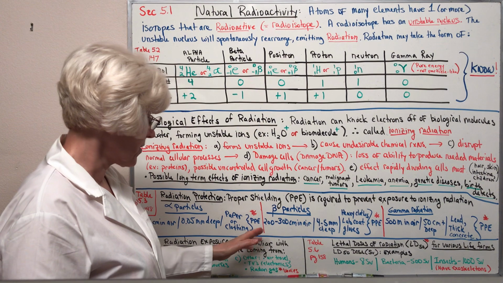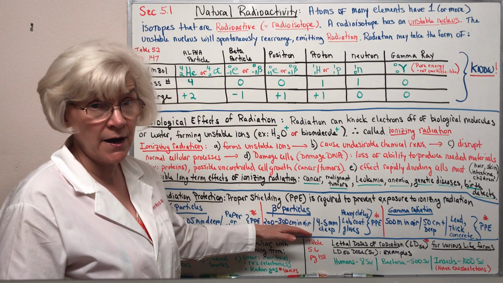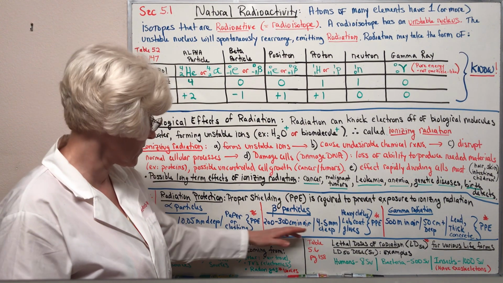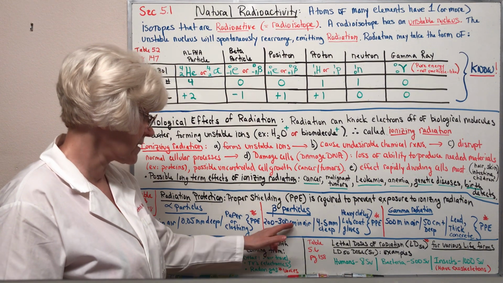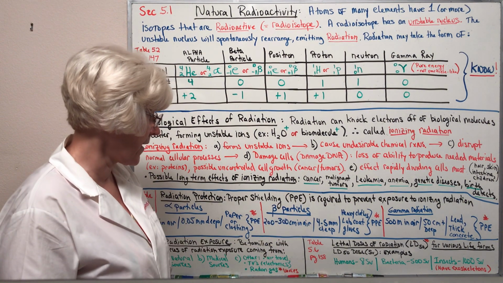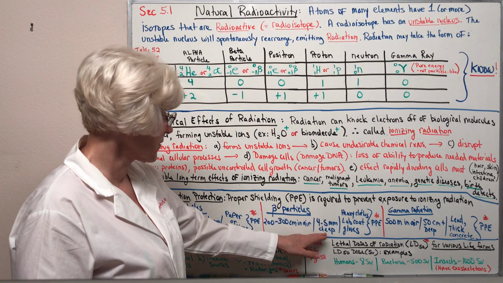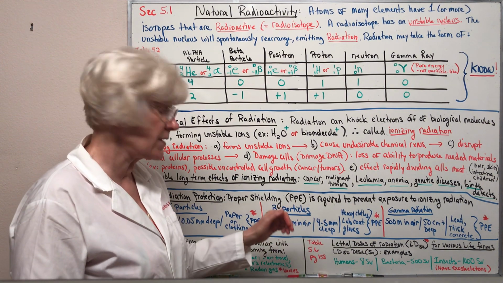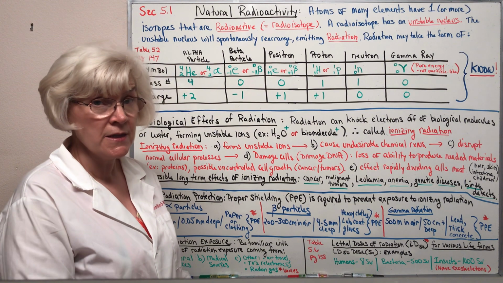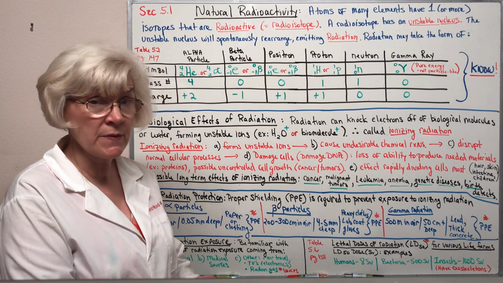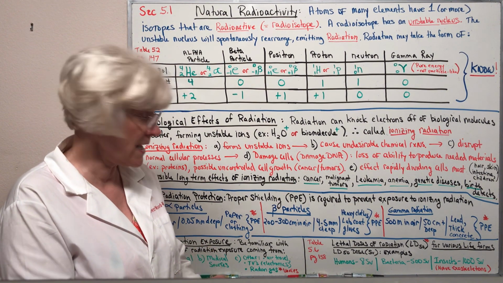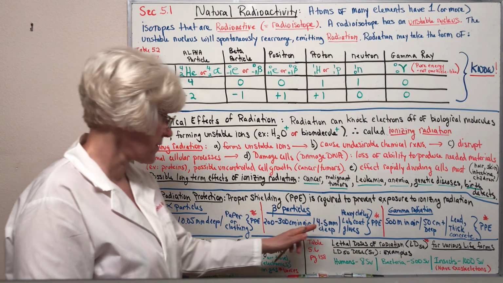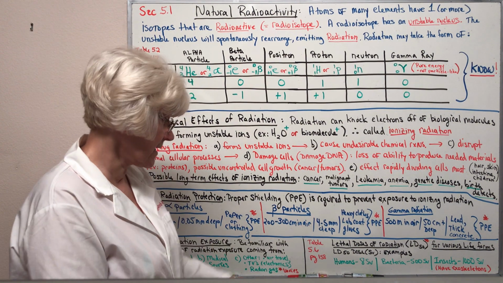Notice they travel much further through the air because they're smaller particles, 200 to 300 centimeter distance in the air. Because they're smaller particles, they can penetrate 4 to 5 millimeters deep into tissue. So they have a greater penetrating ability and can cause more damage than alpha particles because they penetrate into tissue more deeply.